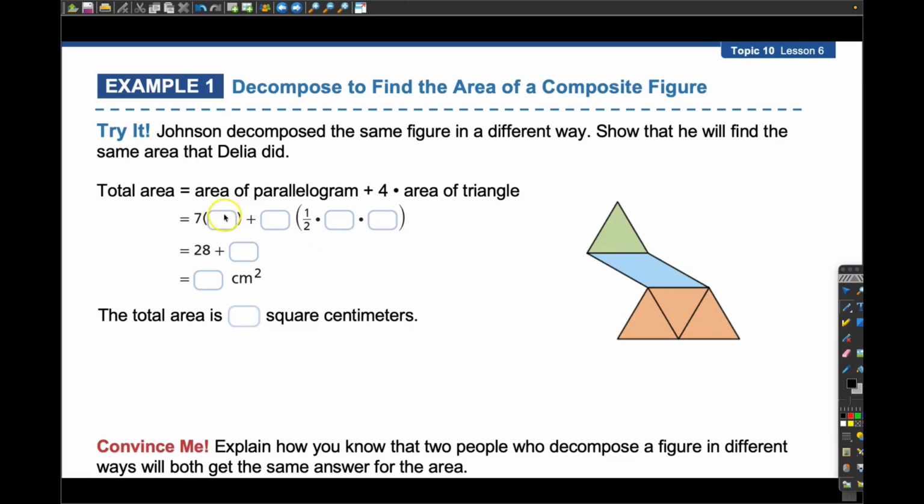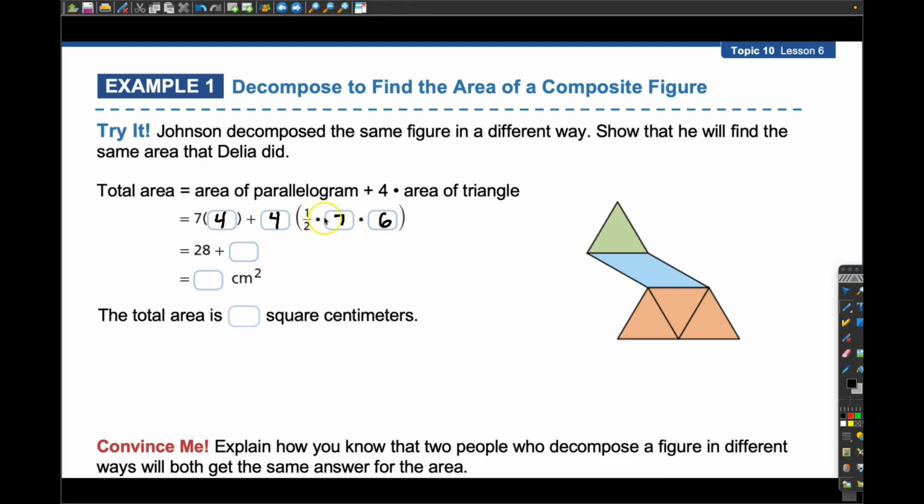Okay? So he did the regular area of the parallelogram, which was 7 times 4. And then there are 4 triangles, so we put a 4 here to multiply by the area of one of the triangles, because the area of one triangle times 4 gives me the area for all of them. The base and the height were 7 and 6, and they skipped some steps, it seems like.